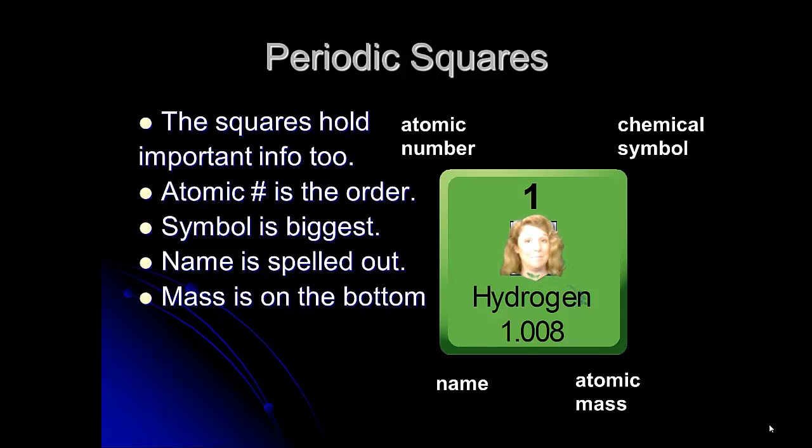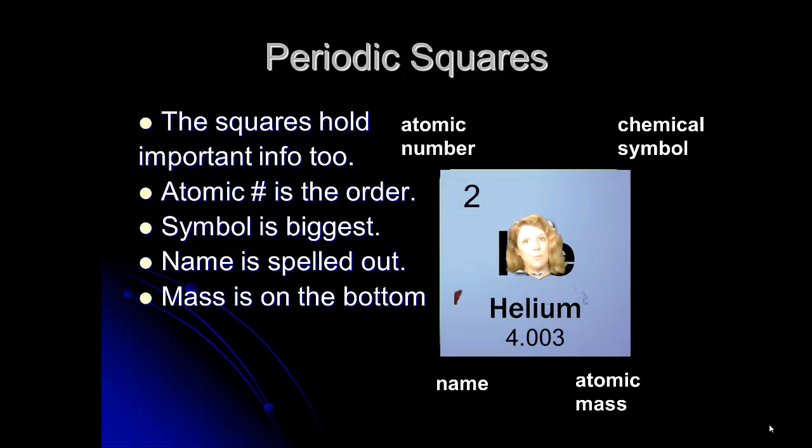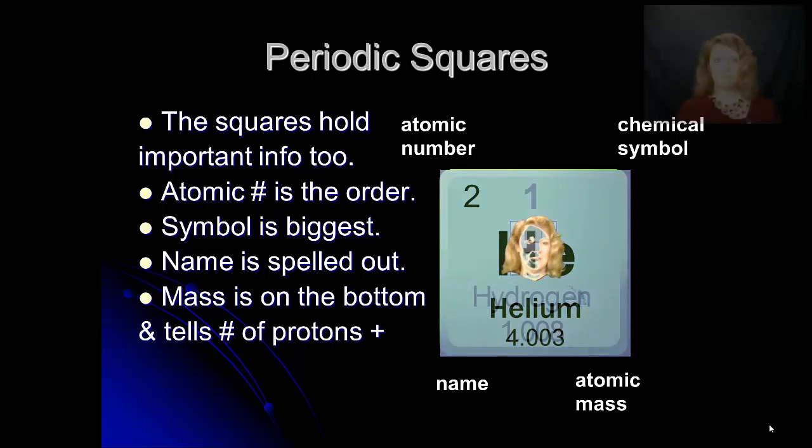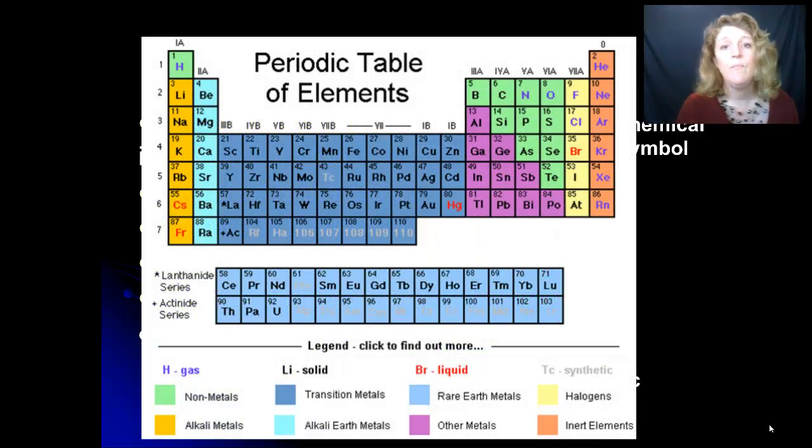But if you go to helium, helium has an atomic number of 2, but it's got a mass of 4. That means it's got 2 protons and 2 neutrons. Okay? I need you to be able to use these squares and pull out the information you need so that we can build things.